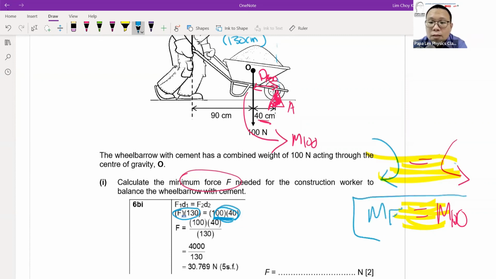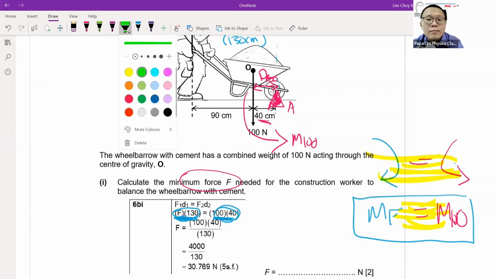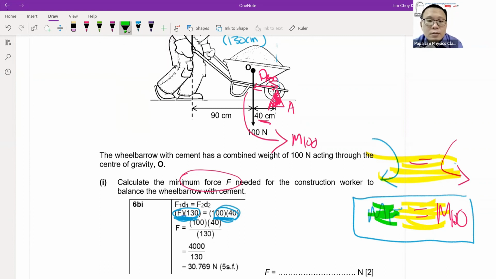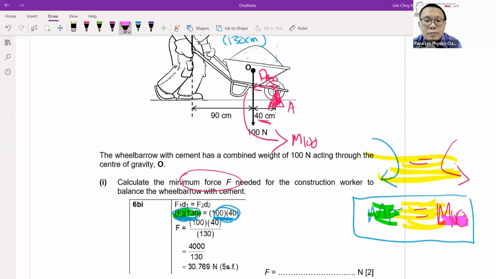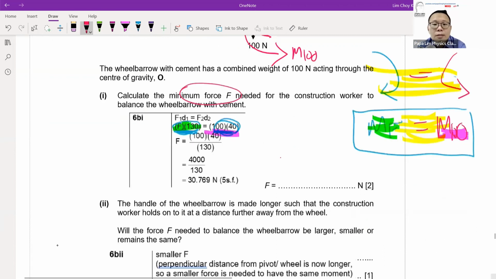If you look at the working, MF can be broken down into F times 130, and my anti-clockwise moment M100 can be broken down into 100 times 40. If you look at the algebra, you'll find that the applied force F can be calculated to be 30.769. To 3 significant figures, it will be 30.8 Newton. So this is what happens if you use the principle of moments.